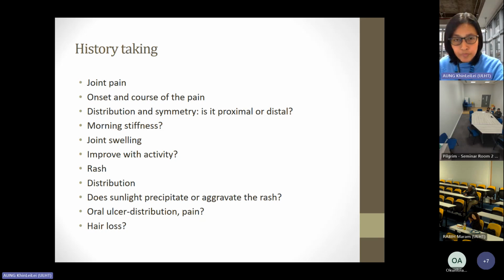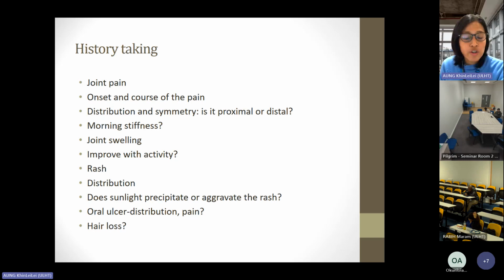So I'm going to talk about history taking. Starting from the joint pain: onset, course of the pain, distribution, symmetry, because connective tissue diseases present with inflammatory arthritis. Usually it is symmetrical. Duration of morning stiffness. Has the patient noticed joint swelling, improvement with activity?